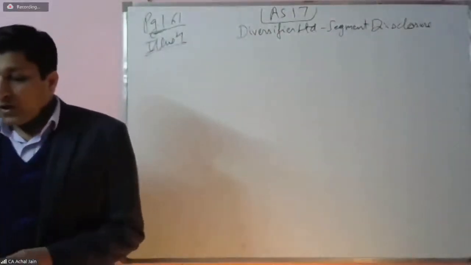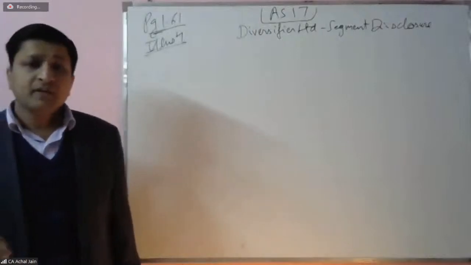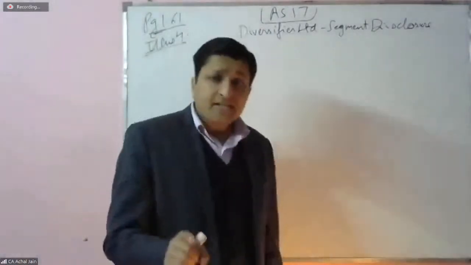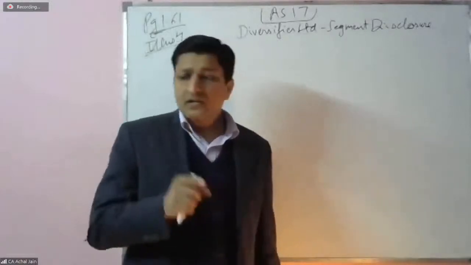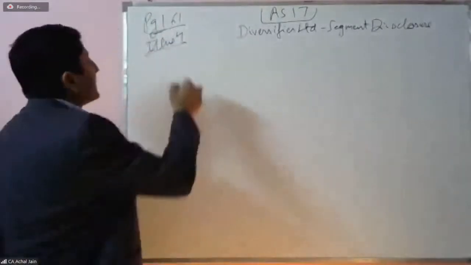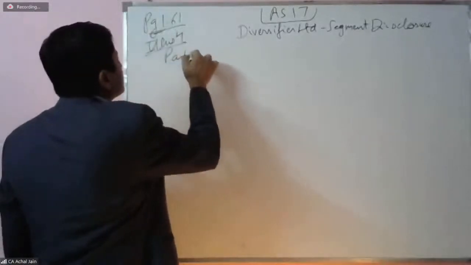So now, what are the disclosures that are required to be given? Segment revenue, segment expenses, segment assets, segment liabilities, segment result, all of these. Okay, so let's begin with the segment revenue.